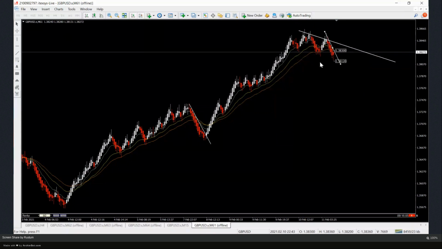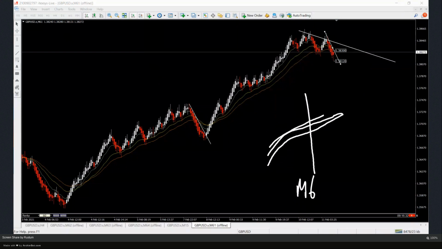However, you can, with this strategy, also look at structure on an M6 and define structure when prices are crossing over. These are my EMAs. Prices are up here and come down on my M6.